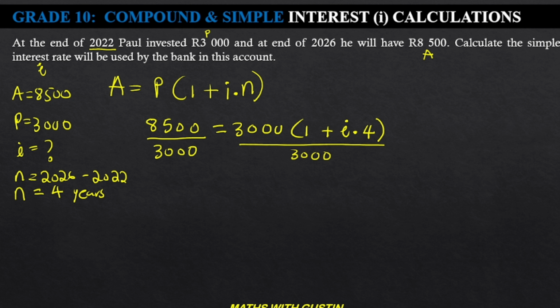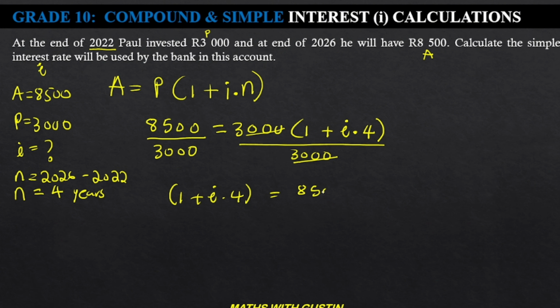If you rush to the answer, it's not going to help you. So 3,000 cancels out, and we are left with 1 plus I times 4 is equal to 8,500 divided by 3,000.